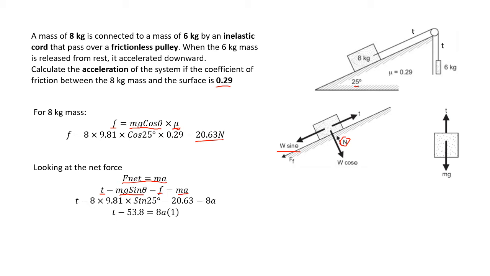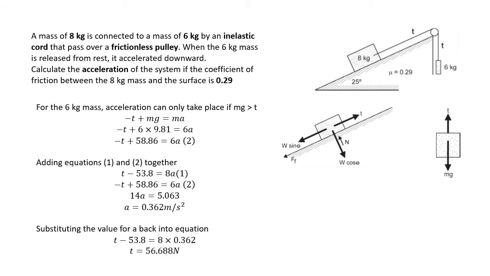And when we put all the known variables in there, we can simplify it to this equation here, which has two unknown variables, tension and acceleration, and that's as far as we can go. So we're going to save that for later.